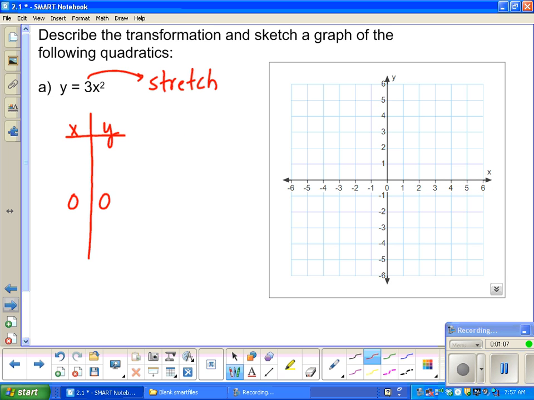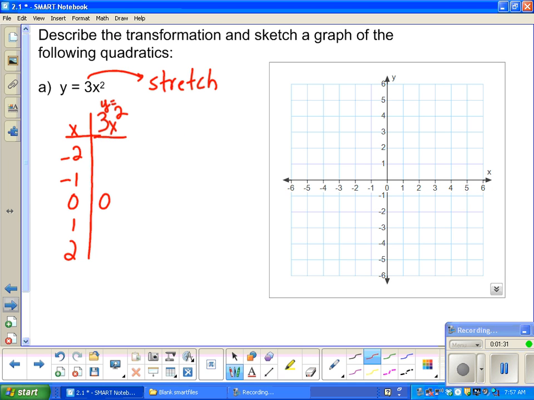Now, what I want to do is do a T-chart: 2 less than the vertex and 2 greater than the vertex. I'm just going to substitute into my function, which is y equals 3x squared. So I'm inputting x, and this is my y.